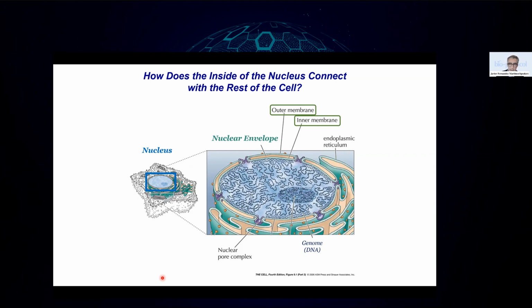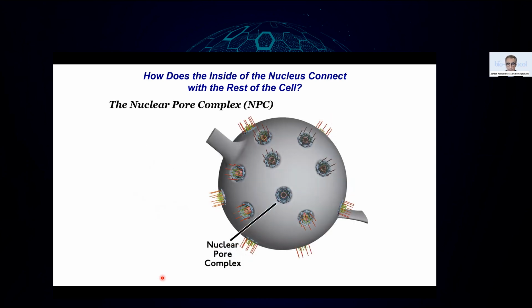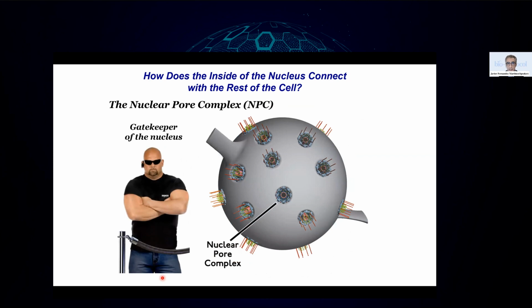And eukaryotic cells manage to do that by developing massive, from a molecular point of view, channels that generate a connection between the nucleus and the cytoplasm, and actually establish what we can consider a virtual gate. These channels are called nuclear pore complexes, or NPCs, and they are the true gatekeepers of the nucleus.